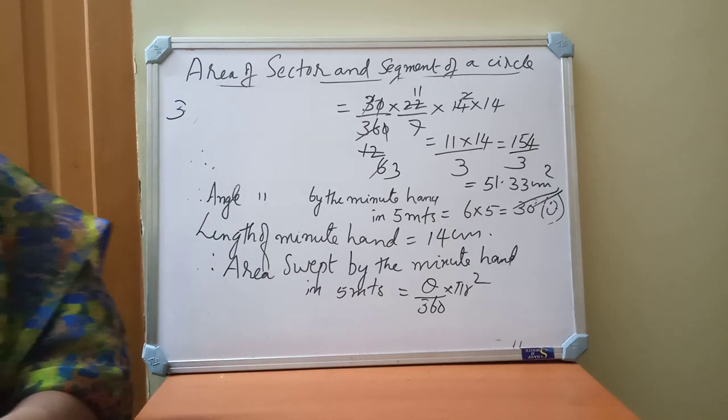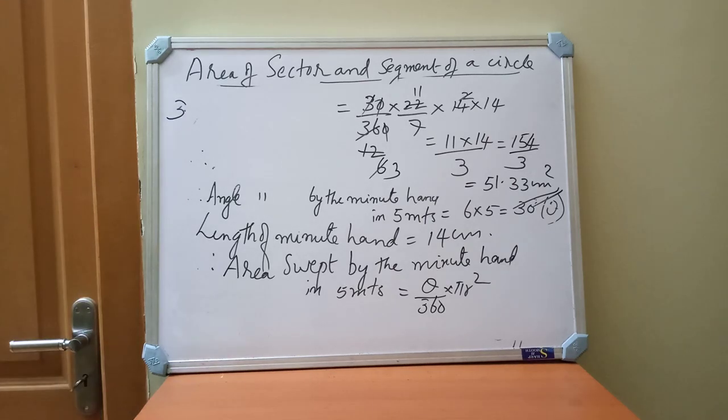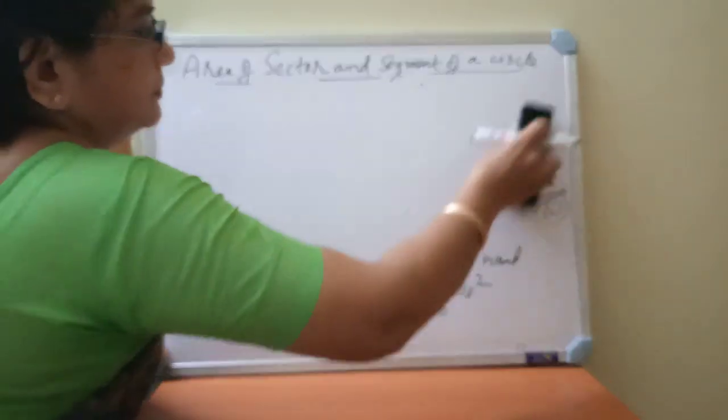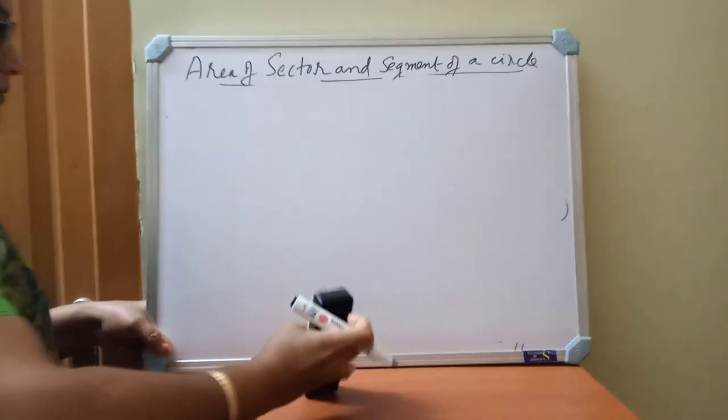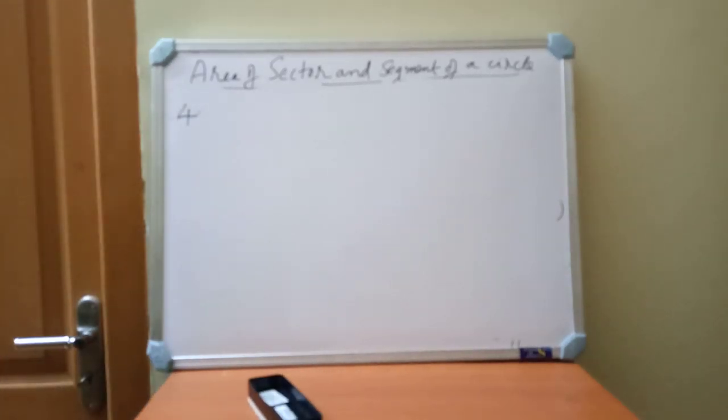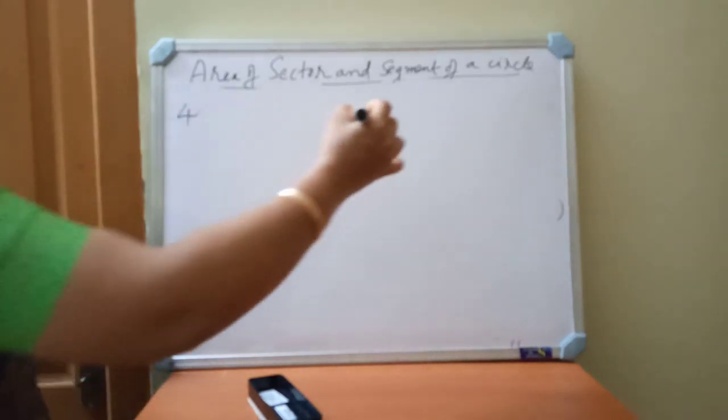Next, let us see question number 4. Look at the question. A chord of a circle of radius 10 centimeter subtends a right angle at the center. So we are having a circle.